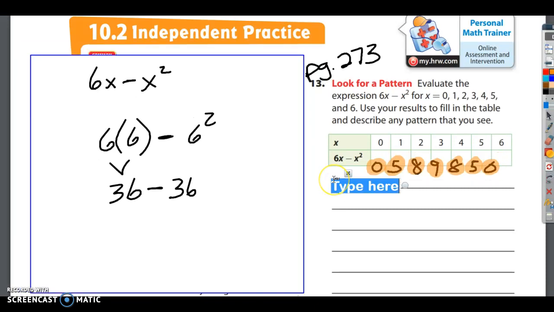So what can we write here? We could say when x is equal to 0, the expression has a value of 0.